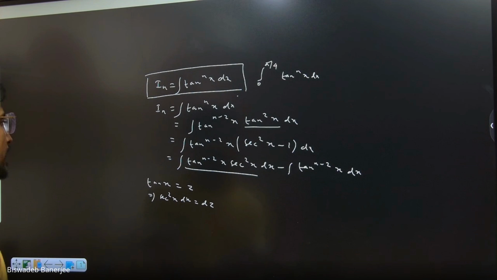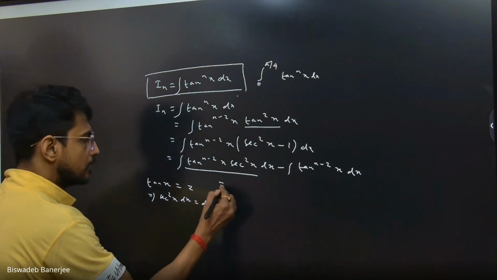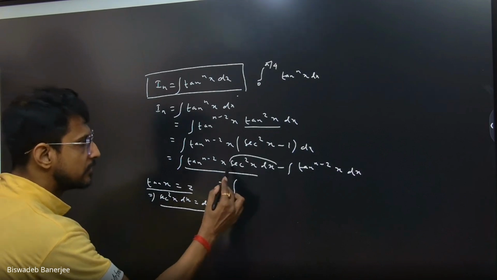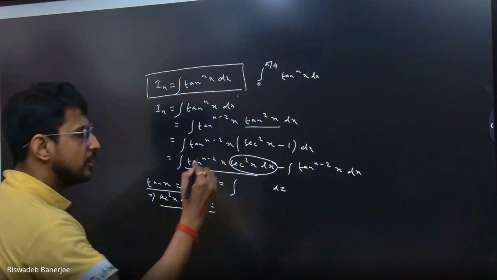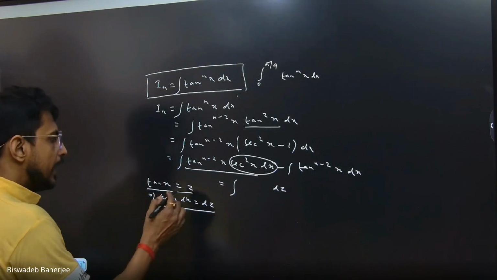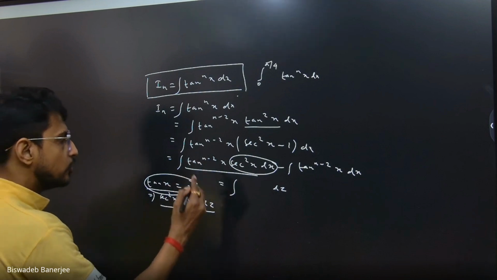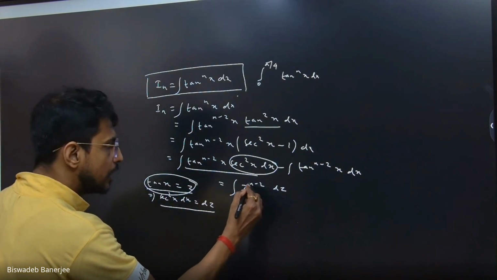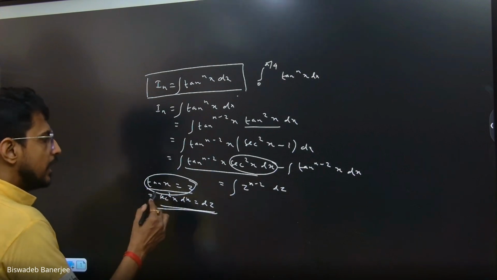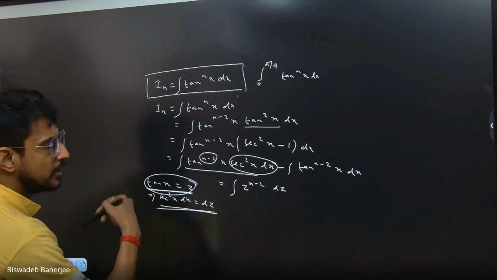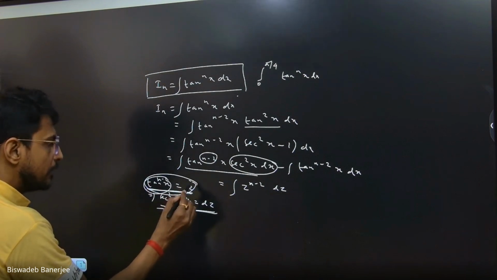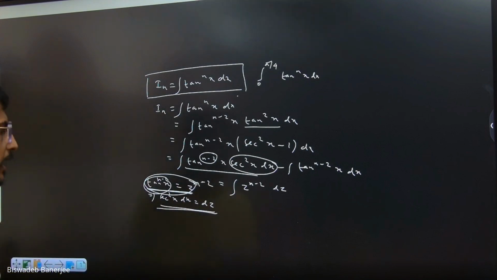So sec square x dx becomes dz, and tan x equal to z. So tan to the power n minus 2 will be z to the power n minus 2, like this.